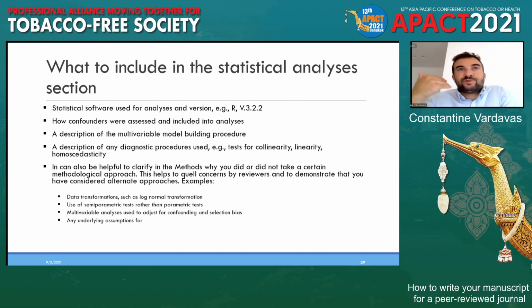So you don't immediately start by presenting that you ran a logistic regression analysis. Okay, you ran a logistic regression analysis, that's great, but you also did something before that. Did you do chi-square tests, did you do student t-tests, and then did you do correlations? Did you look at Pearson correlations? Did you look then at multivariable models, etc.?